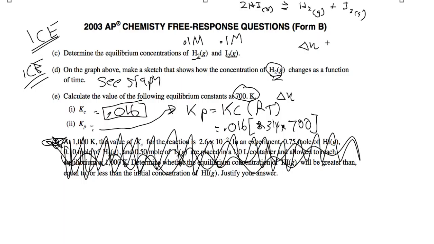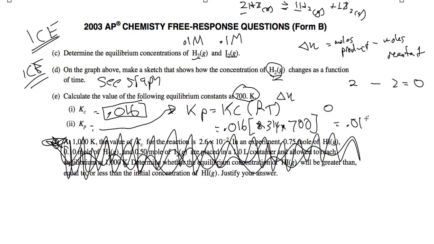So delta N equals moles of product gas minus moles of reactant gas. Product, 1 plus 1 is 2. Reactant, 2. That equals 0. So this is to the 0 power. Anything to the 0 power is 1. So this equals 0.016 times 1, which equals 0.016. So in this case, Kc equals Kp.